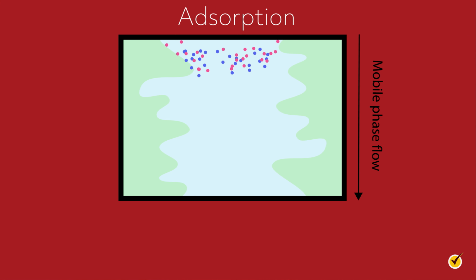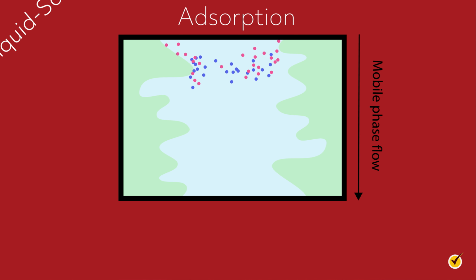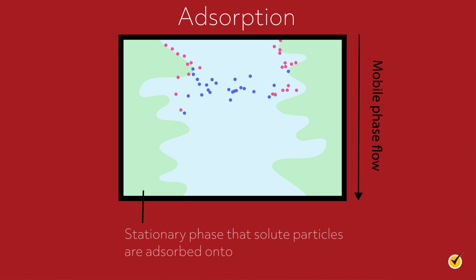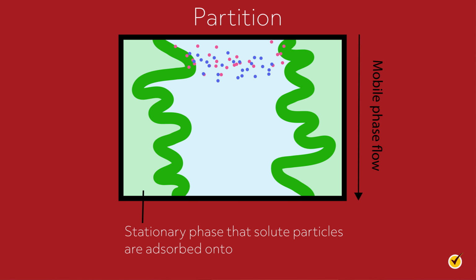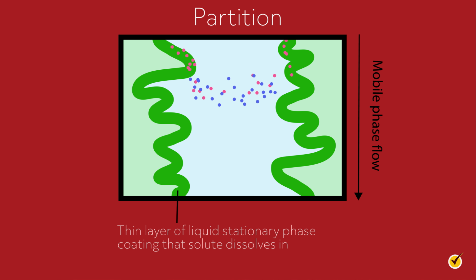Adsorption chromatography, sometimes referred to as liquid-solid chromatography, uses a solid stationary phase on which solute is absorbed through intermolecular interactions like van der Waals forces and hydrogen bonding. Solute not absorbed by the stationary phase is carried along with the mobile phase and has a shorter retention time.